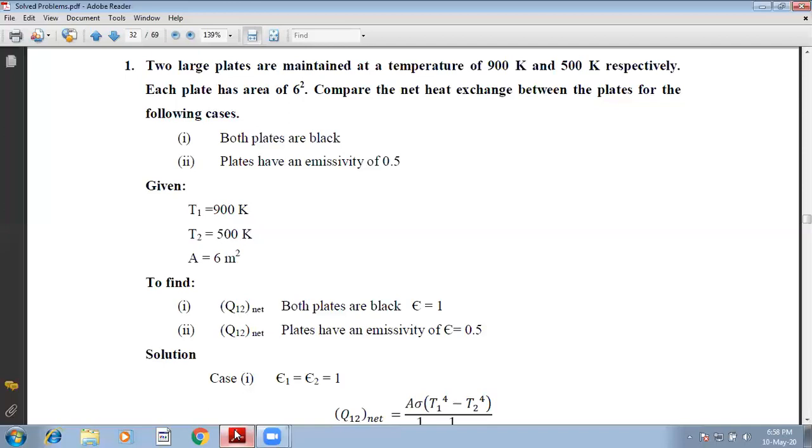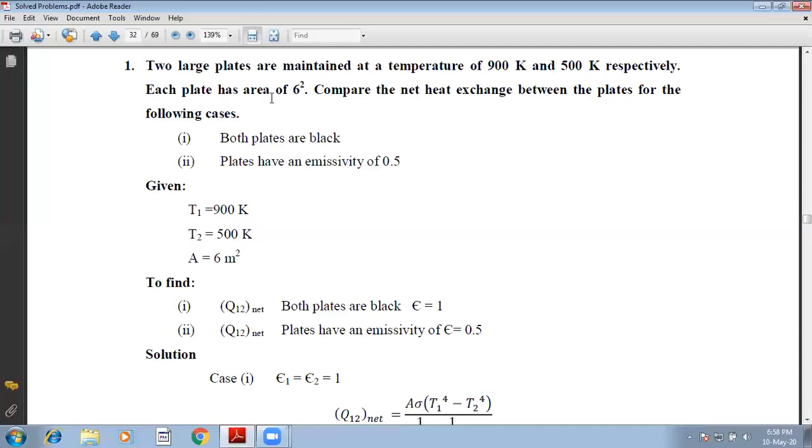Now we shall look into the problems that are related to the topic radiation. The first problem goes like this. Two large plates are maintained at a temperature of 900 Kelvin and 500 Kelvin respectively.